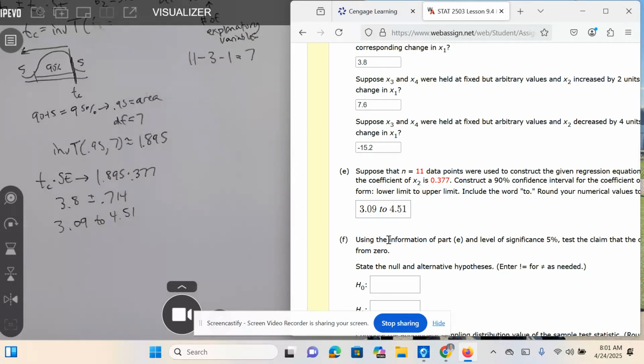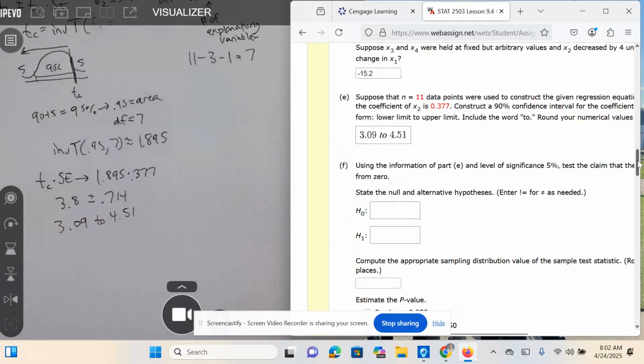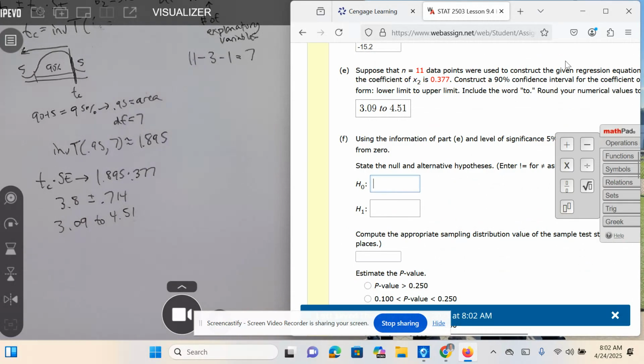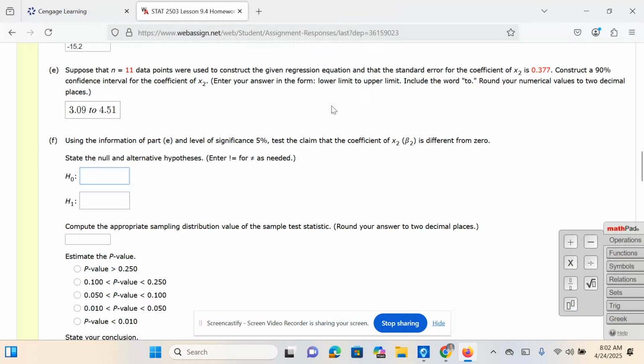Now we're going to use the information and we're going to do a hypothesis test for the slope of b2. So how does this work? Well, the parameter for slope is beta. So we're going to use beta, but we're going to have to add a subscript to this.